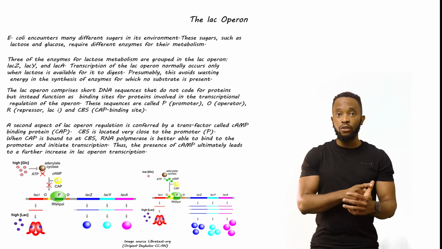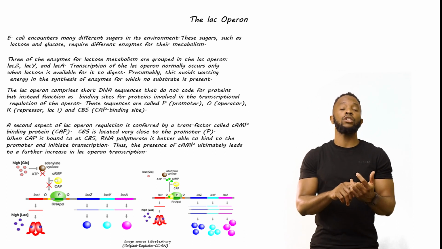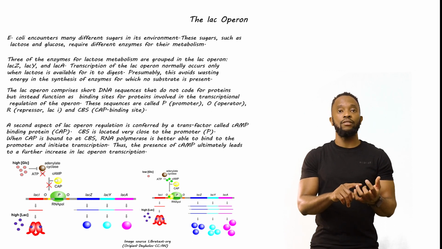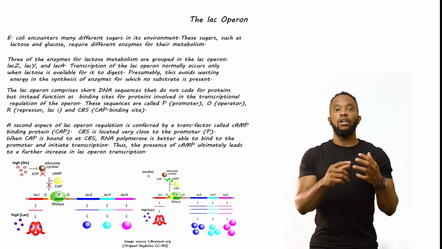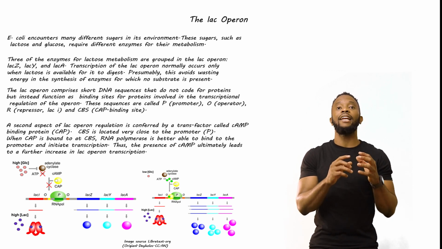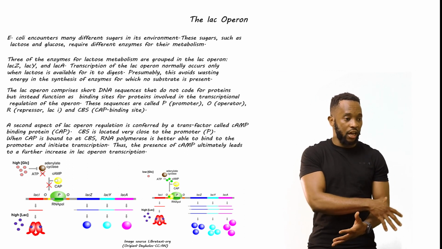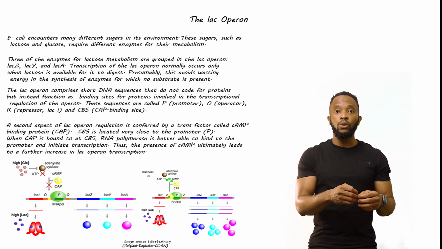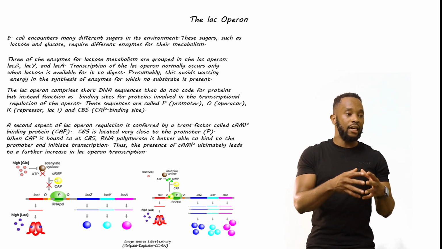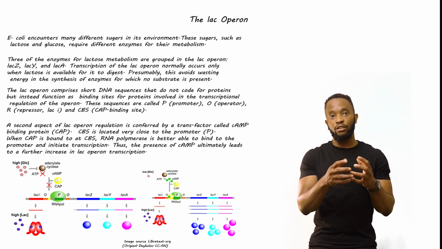You have a promoter, you have an operator, you have a repressor, which is also sometimes referred to as the Lac I. Then you have the genes, in this case a Lac A, Lac Z, and a Lac Y. From the picture that I have somewhere here, which you're going to see, we also have the addition of a CBS region where there is another molecule known as a trans factor CAP that gets to bind in.